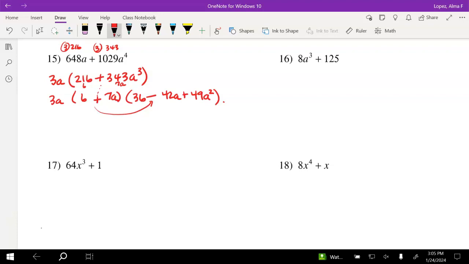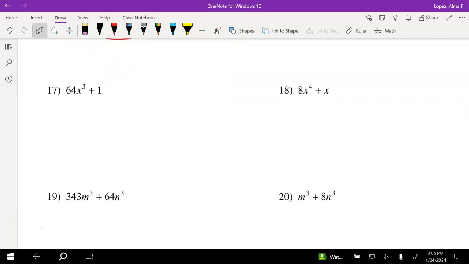A couple more. If we have 64x cubed plus 1, the number being cubed in this position is a 4x. The number being cubed in the second term is going to be a 1. Once you identify it's a cube, you're going to open up your two parentheses, a two-term and a three-term. Our two-term phrase is going to be the two bases with the same sign as in the original problem.